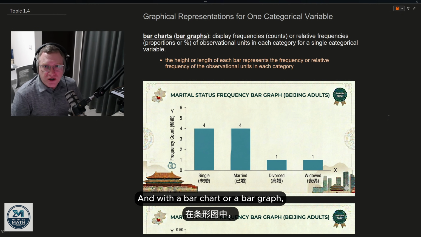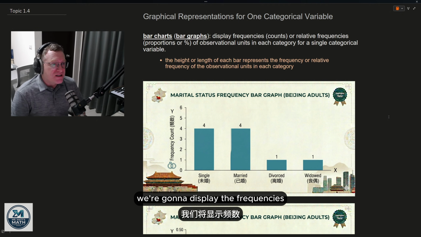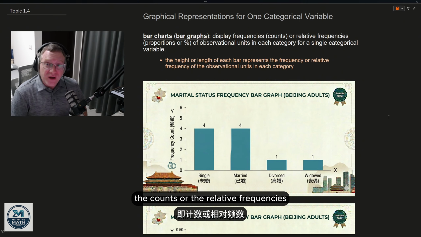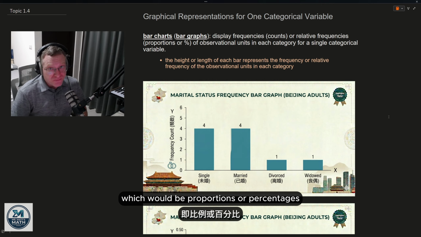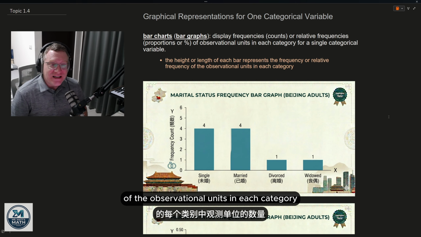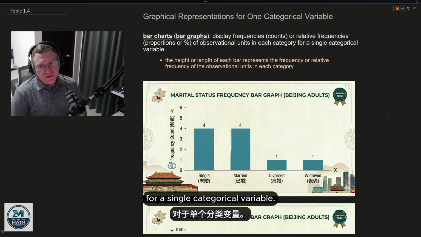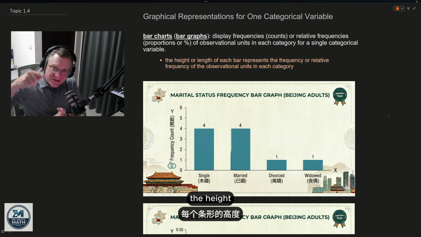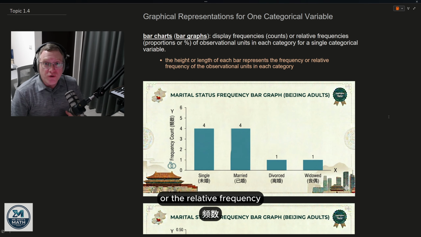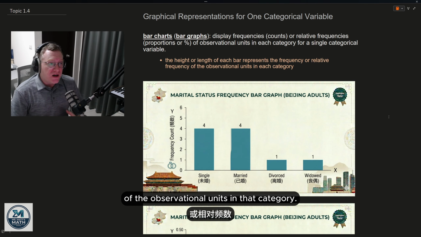With a bar chart, we're going to display the frequencies, the counts, or the relative frequencies, which would be proportions or percentages, of the observational units in each category for a single categorical variable. And in this type of graph, the height or the length of each bar represents the frequency or the relative frequency of the observational units in that category.